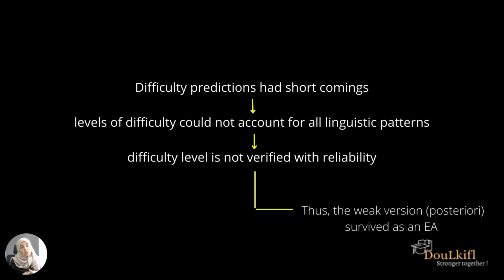Plus, the difficulty level is not verified with reliability, and so this was a problem. This was a flaw in the CAH, and thus this is exactly why the weak version, which is the a posteriori, survived as error analysis.